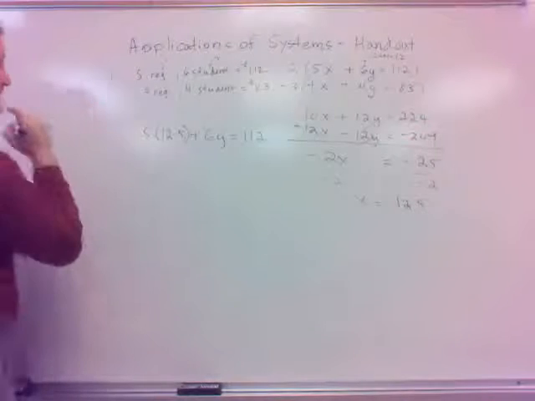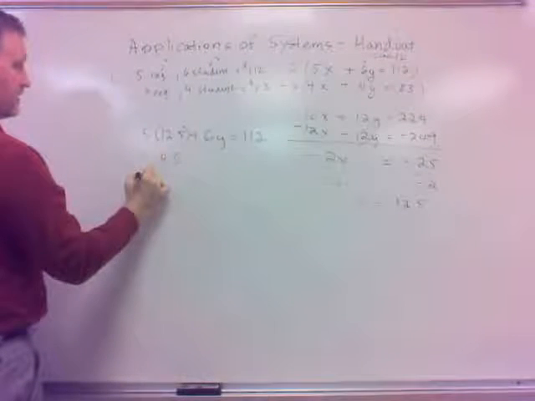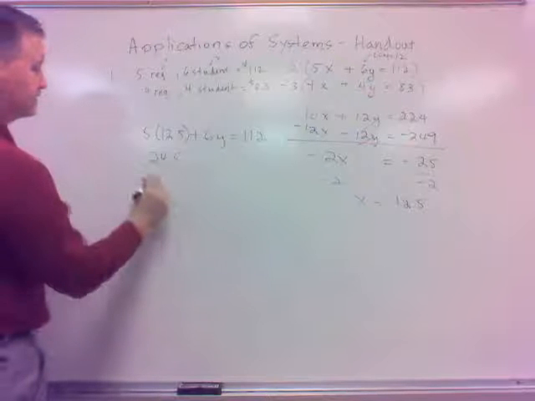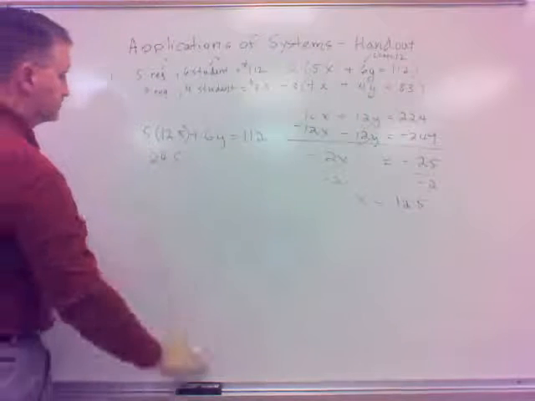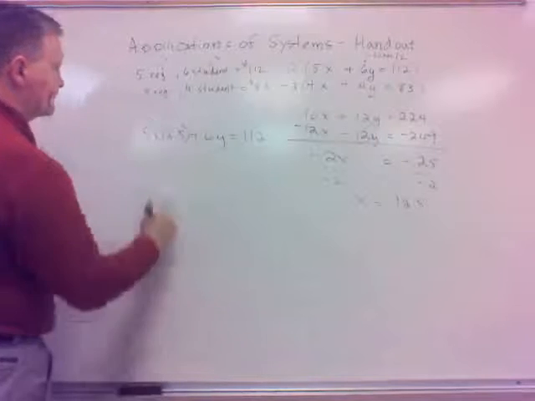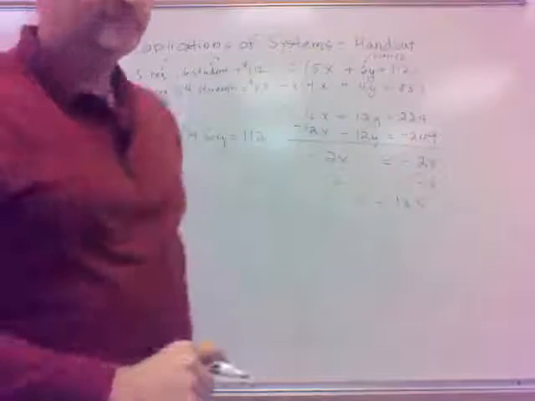And we got it. Let's see, 5 times 12.5. What is 12.5 times 5? 62.5. Okay, thank you.